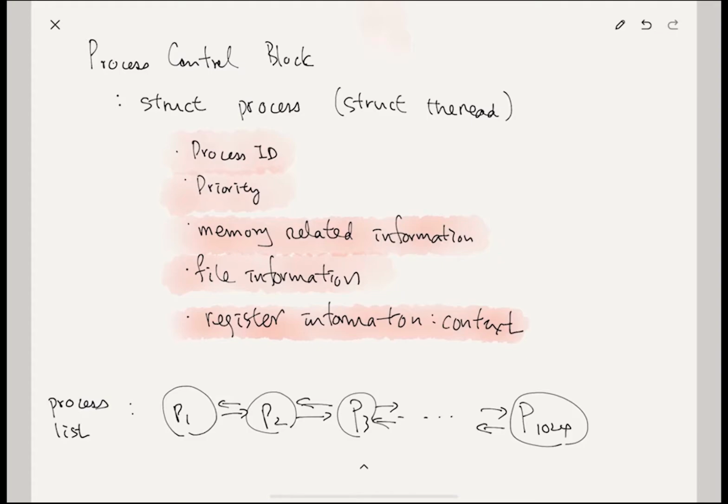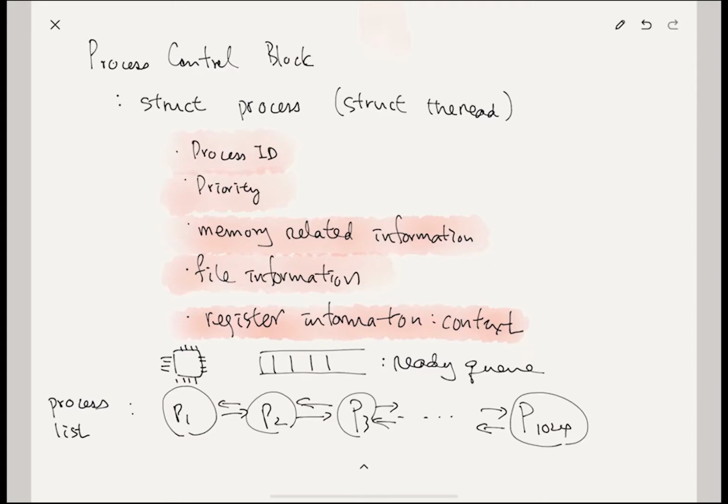Also, there is another important data structure. We saw that for the CPU, we maintain a set of processes that are waiting to be executed. For example, here there is the CPU, and there is a queue of processes waiting to be executed, which we have called the ready queue.